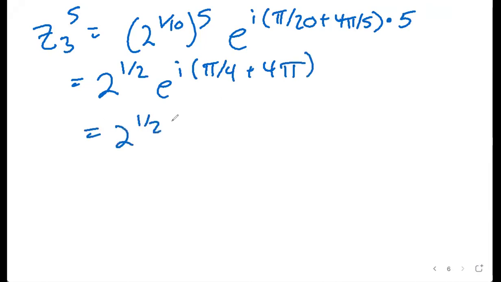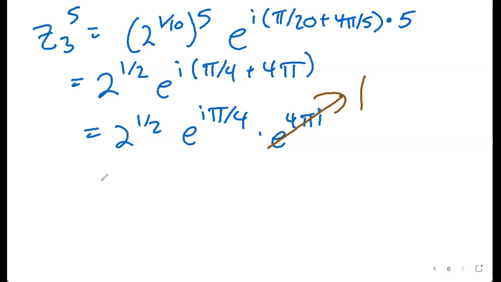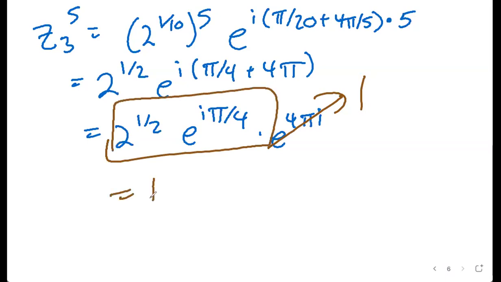And yeah, we see the same thing here, 2 to the 1/2 e to the i pi over 4 times e to the 4 pi i, and e to the 4 pi i is also equal to 1. Like, by Euler's formula, check that for yourself if you don't believe that. And yeah, we are right back to 1 plus i, where we started. Okay, so that's the second thing to check.